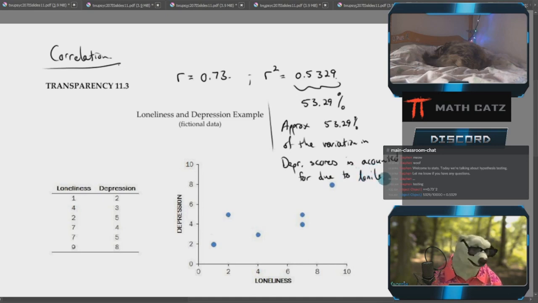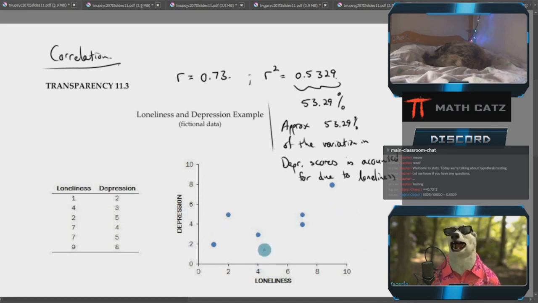Not the best explanation, not the best wording here, but you get the idea. So other things could be affecting depression, but 53% roughly of the depression score seem to be coming from loneliness in some way. Okay, so that's a nice, good, handy interpretation of the correlation coefficient.